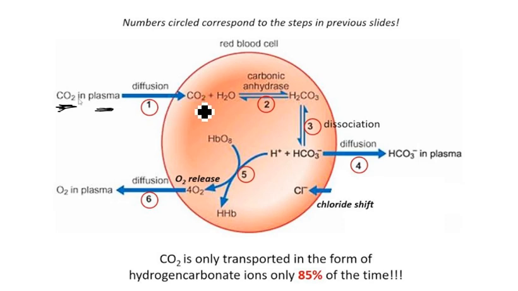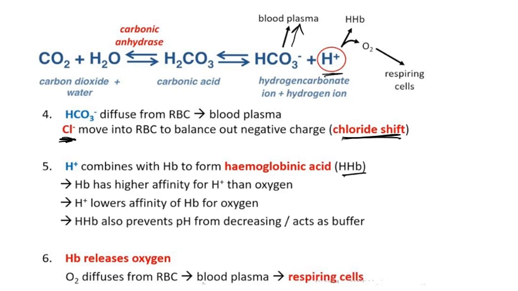This is CO2 now coming from the respiratory tissue into the blood plasma. Then from the blood plasma, it enters into the red blood cell. In the red blood cell, it will react with water using this carbonic anhydrase to produce this stuff here, which we refer to as carbonic acid.